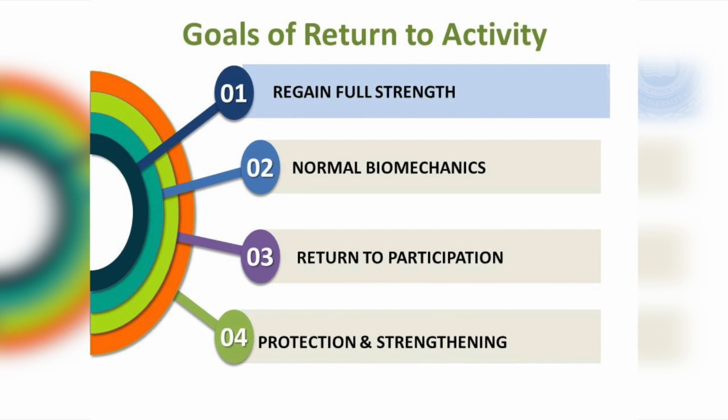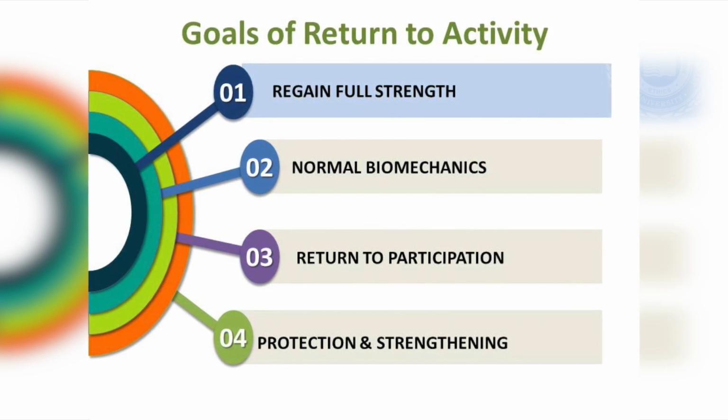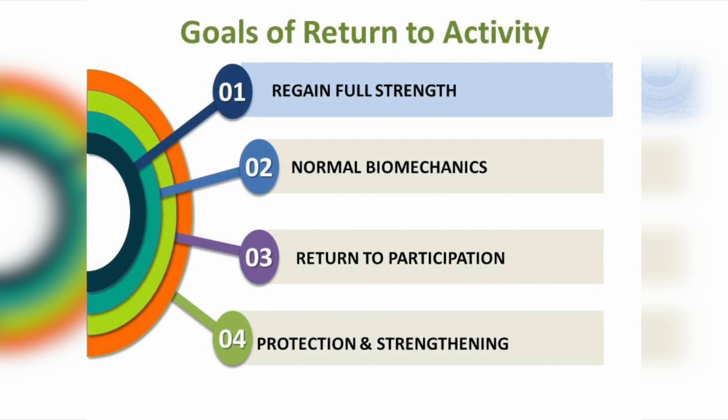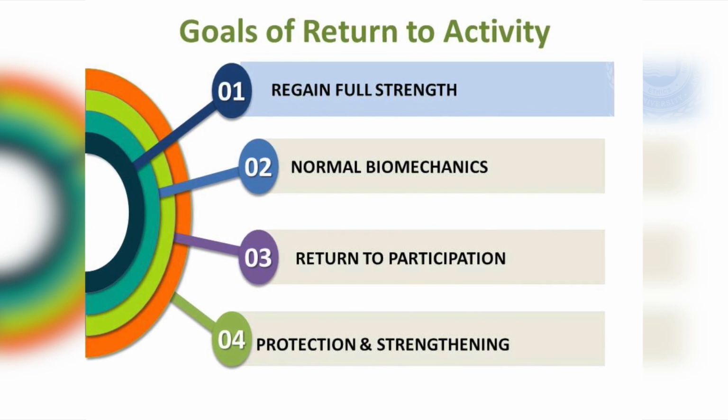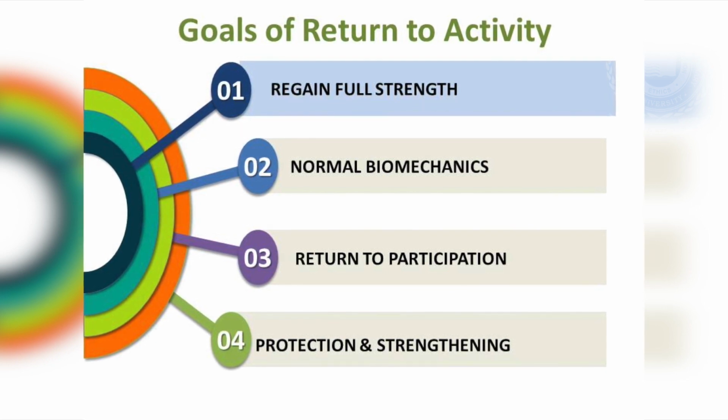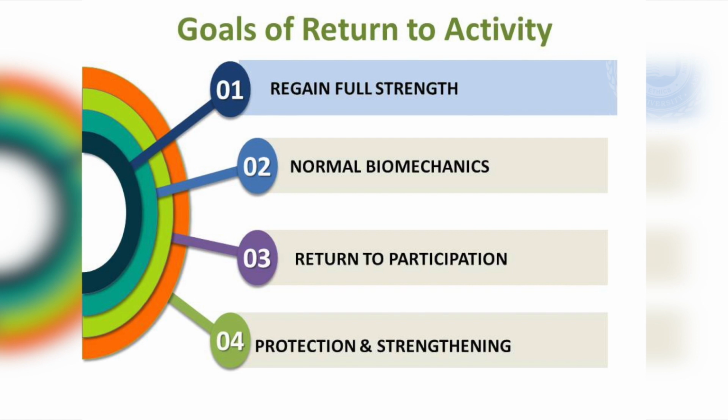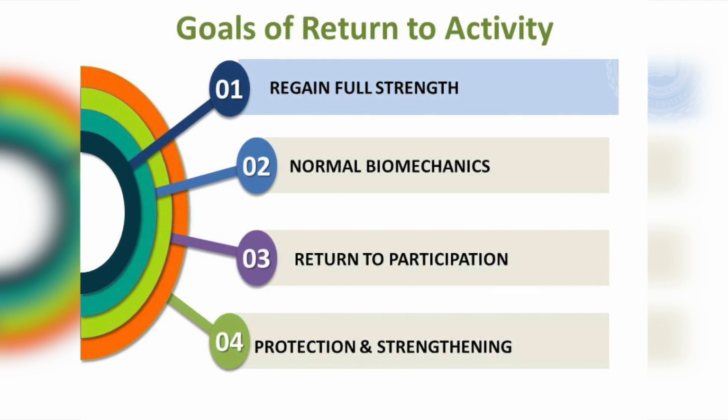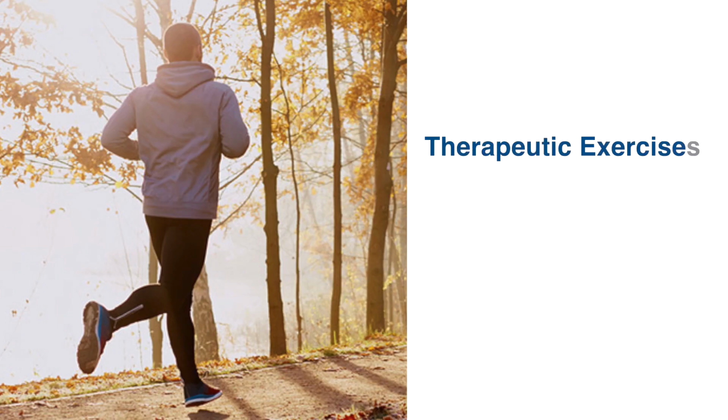The goals of this phase are to regain full strength, normal biomechanics, return of proprioception, and lastly, protection and strengthening exercise. To achieve this goal, we can do therapeutic exercise as a continuous progression of range of motion and strengthening exercise. We can do sport-specific strengthening exercise.